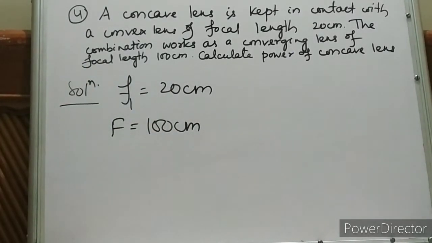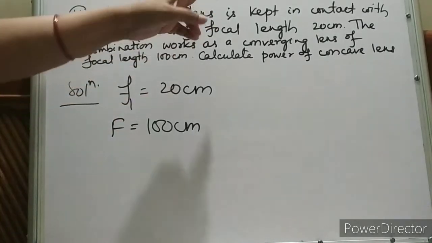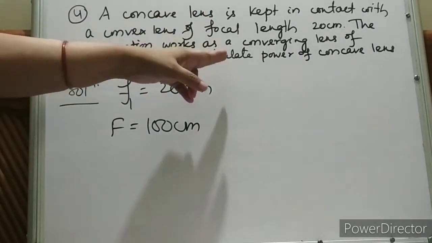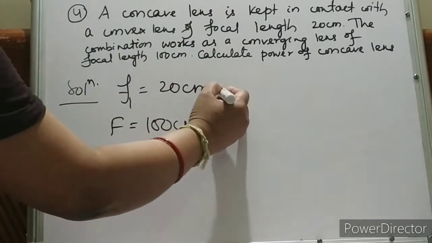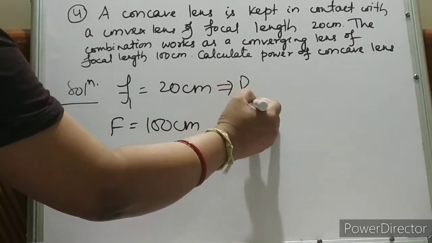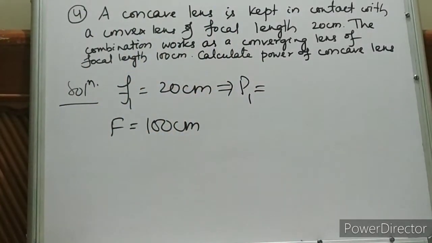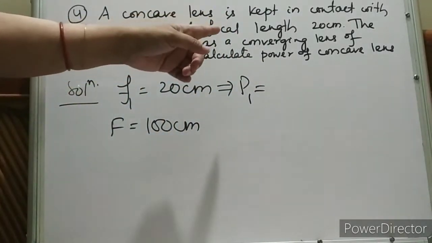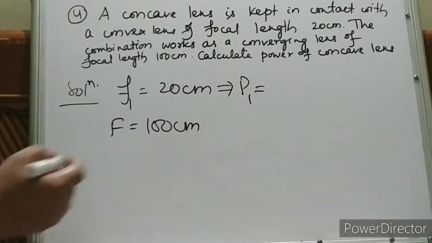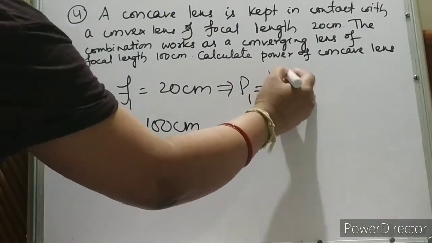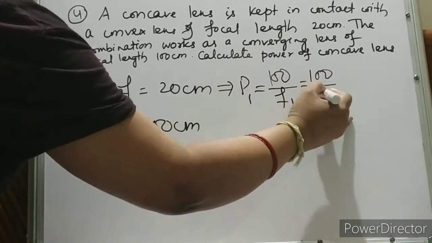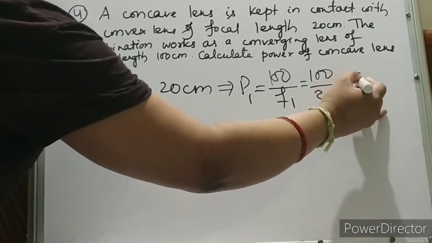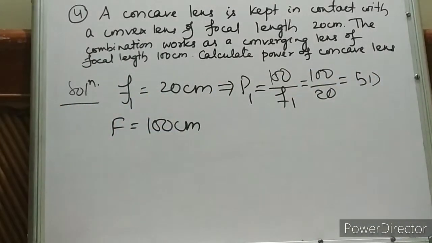You have to calculate the power of the concave lens. The focal length of this concave lens is not given. So how to do it? From this we can find out the power of the convex lens. Because it is in centimeter, we can use our formula 100 by F1, that means 100 by 20, that means it is 5 diopter.